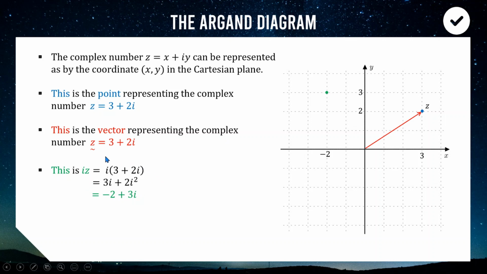So here's what's happening algebraically. Geometrically, we can see what we were looking at in the warm-up, where we're taking this red line and rotating it by 90 degrees in the anti-clockwise direction. So multiplying a complex number by i rotates the vector by 90 degrees, or pi over 2 radians if you prefer, in the anti-clockwise direction. Okay, very important. So that point there is iz.